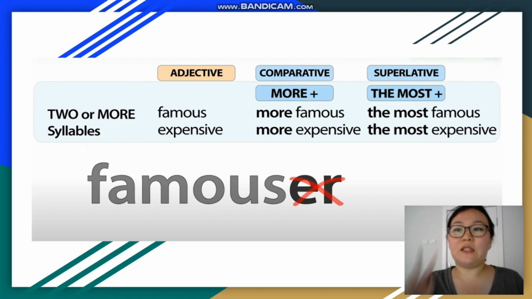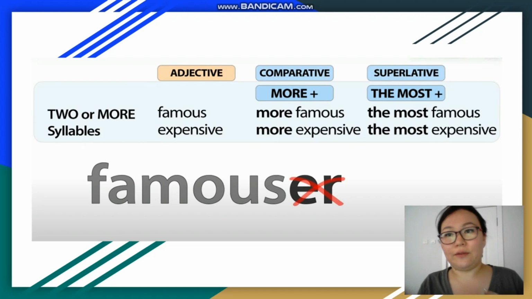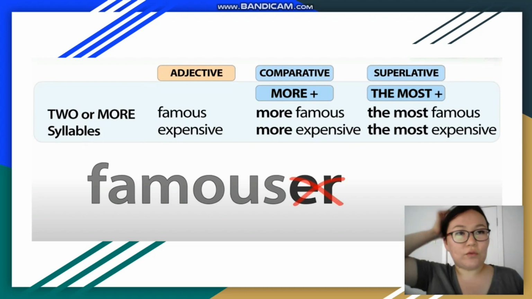Expensive has three syllables. Expensive becomes more expensive, and for the superlative, we say the most expensive. For example, let's compare a bike, a car, and a plane as ways of traveling.